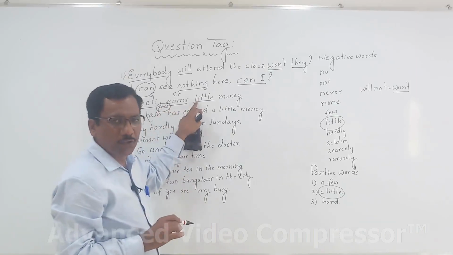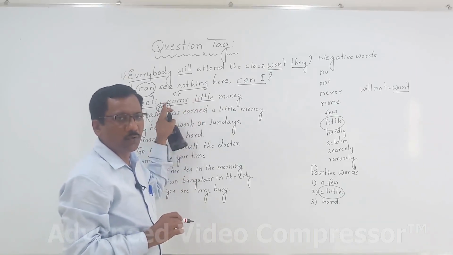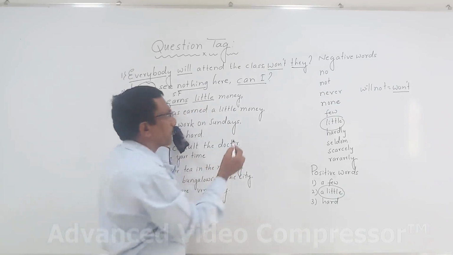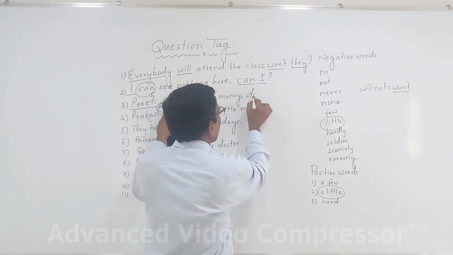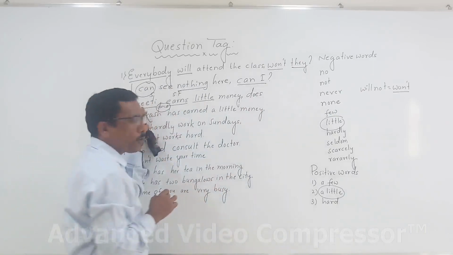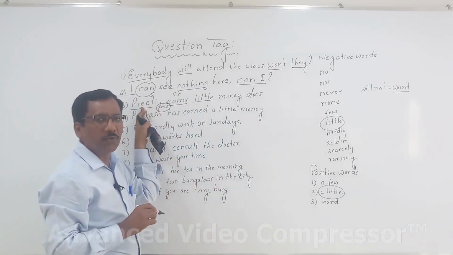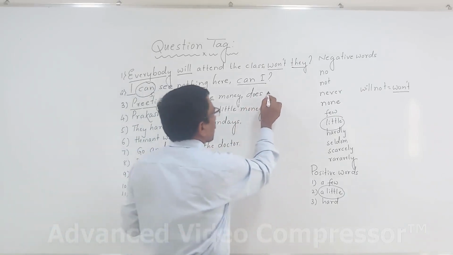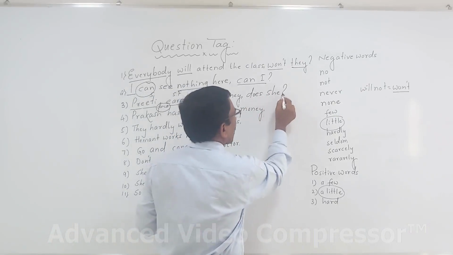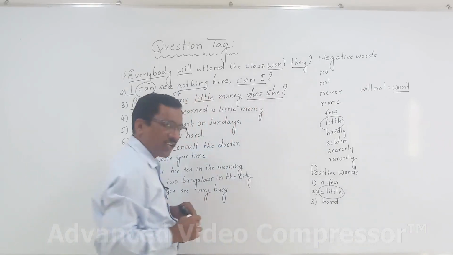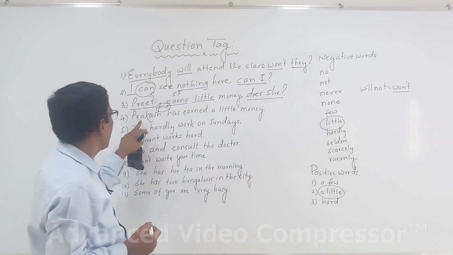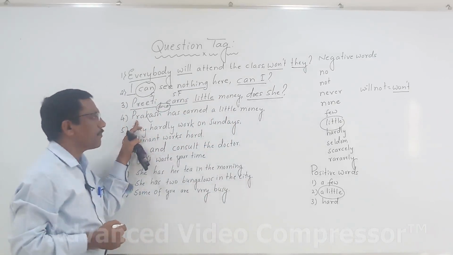The sentence is negative, so we have to add a positive question tag here. Does, and instead of Preeti, which pronoun should be used here? That is she. Does she? Is it clear?